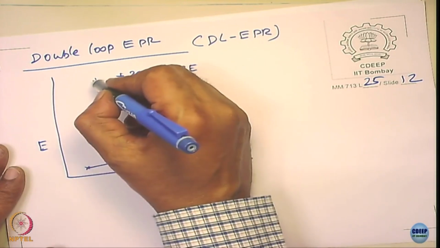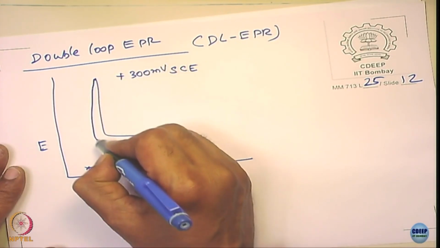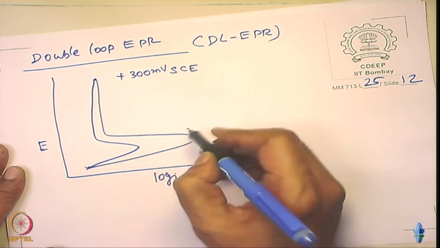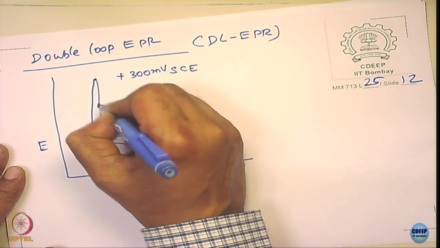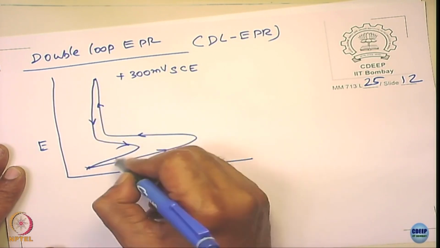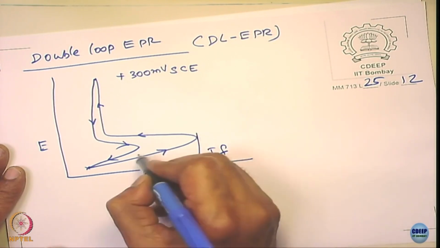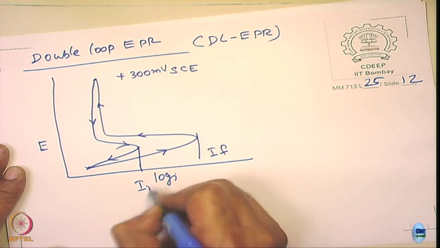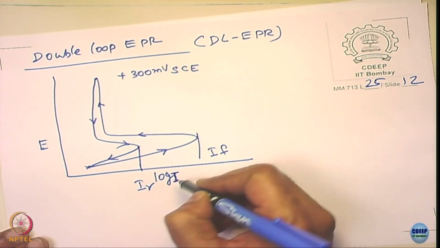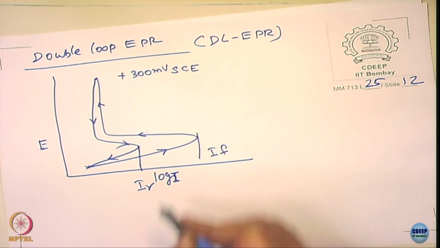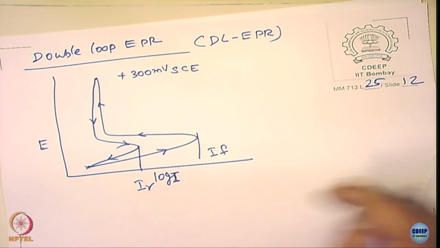Then you reverse the scan: forward, forward, reverse, reverse. This is called I forward, and this is called I reverse. You do not have to know the area of the sample; you can use any area and plot only current, not necessarily current density.